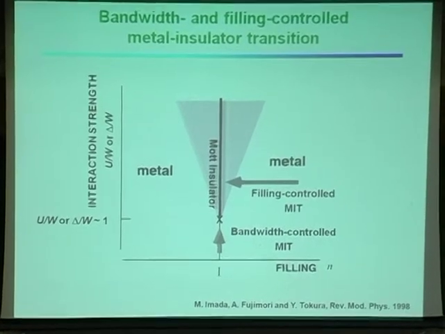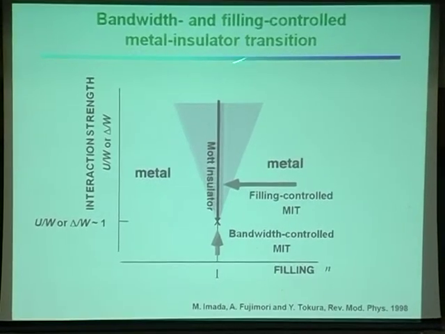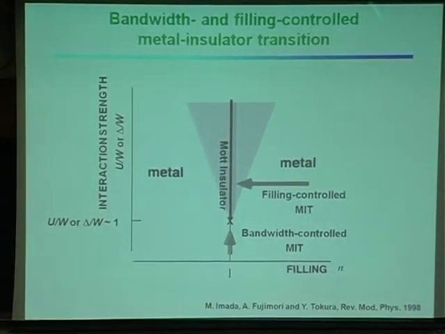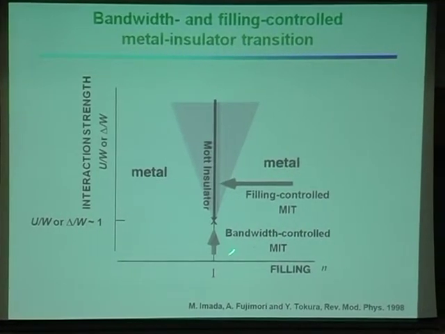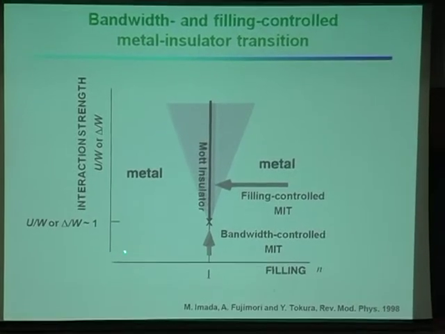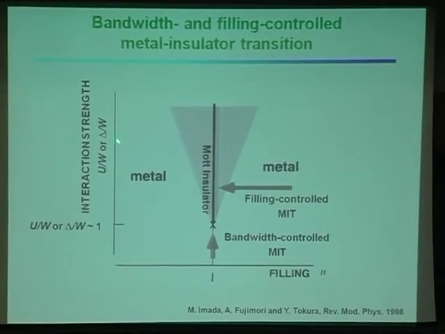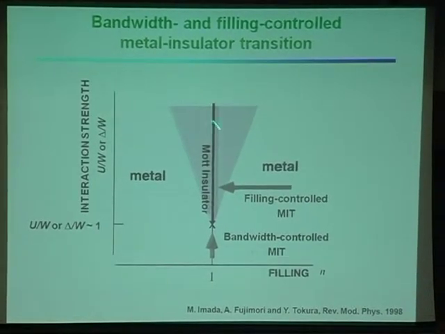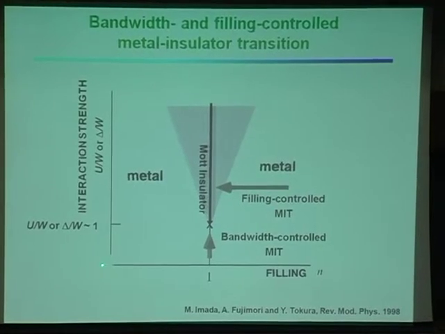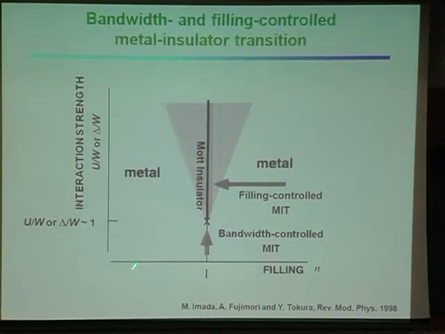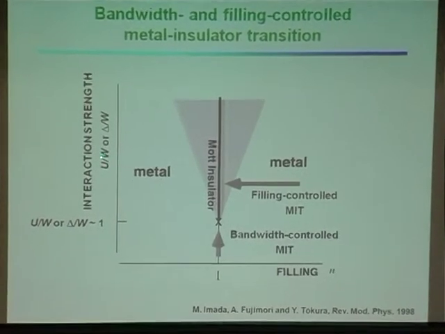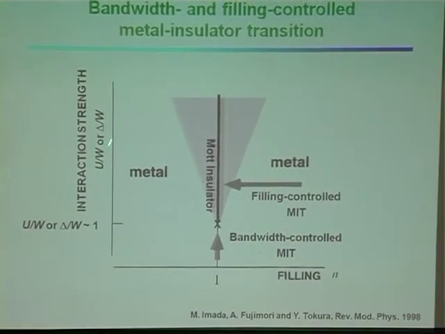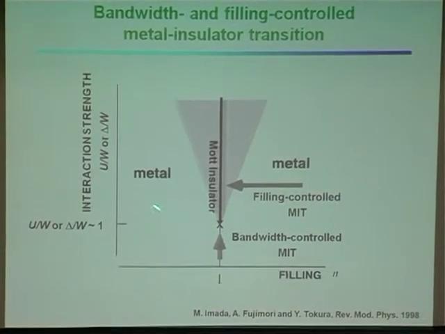Let me start with the standard Mott-Hubbard picture, in which you can control the electron correlation and the metal-insulator behavior as a function of band filling and correlation strength, which is denoted by U over bandwidth or charge transfer gap over bandwidth.